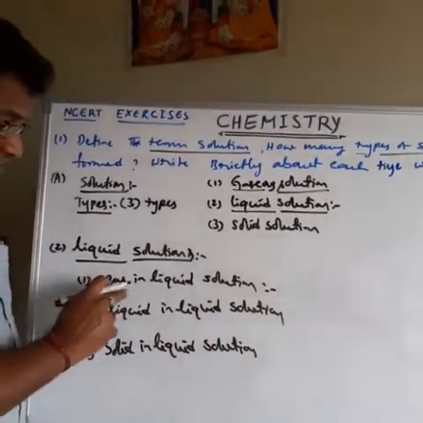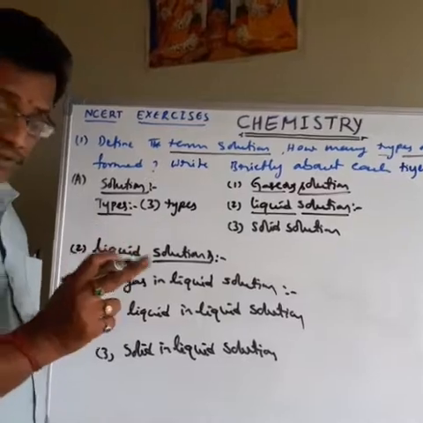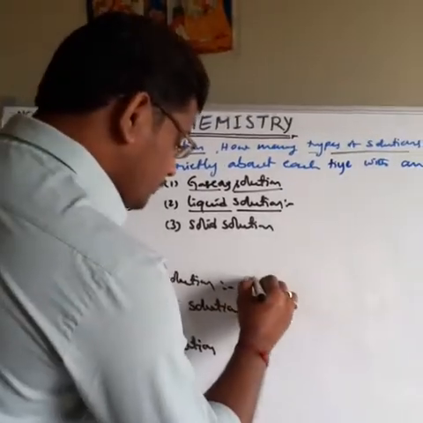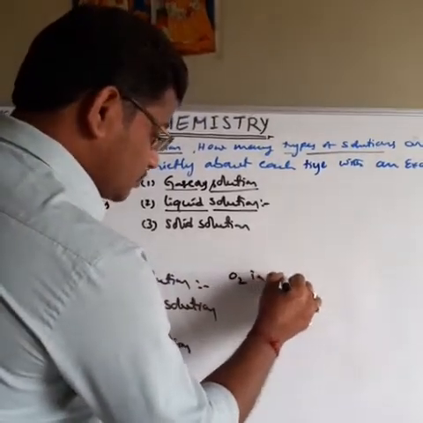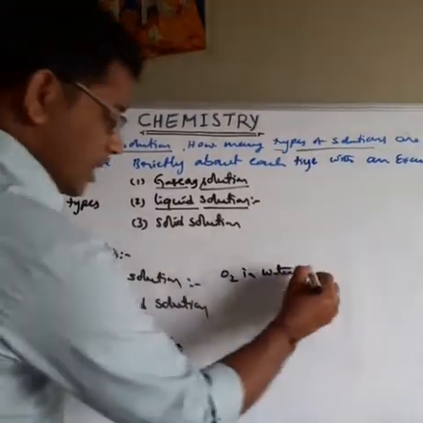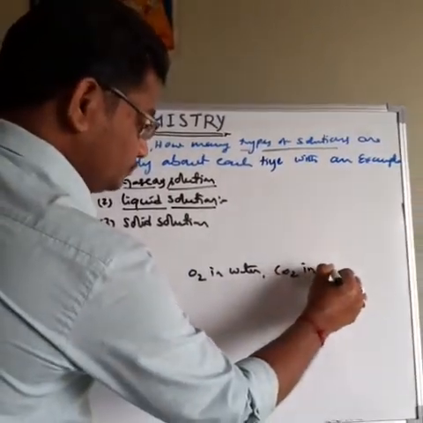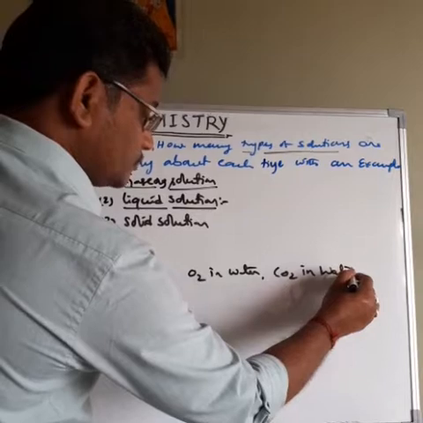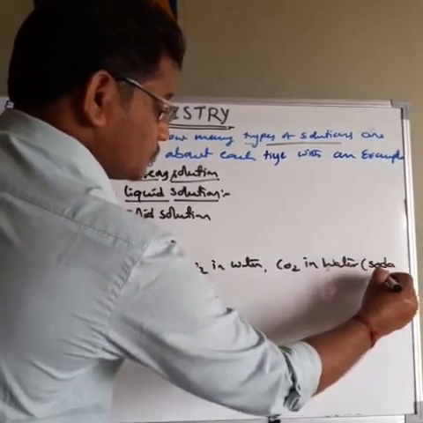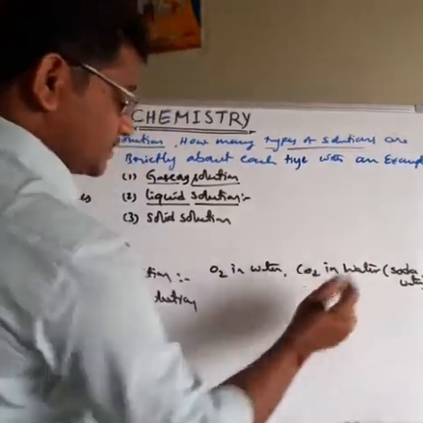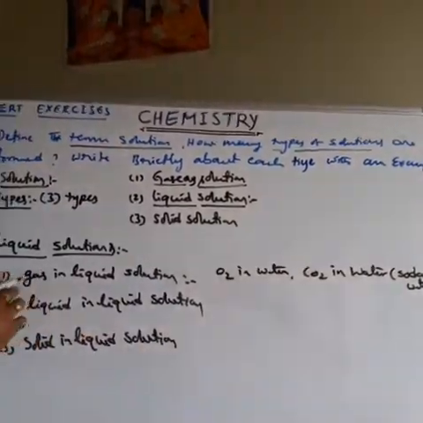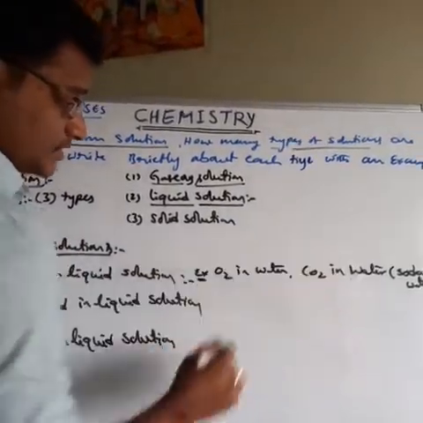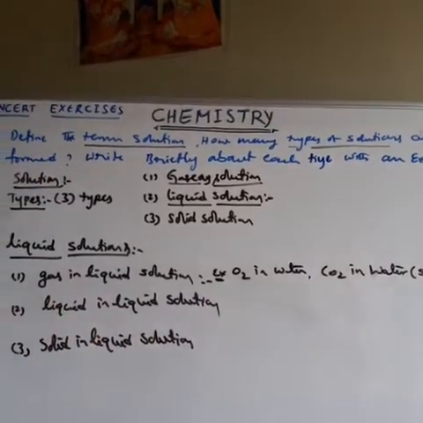In gas in liquid, gas is the solute and liquid is the solvent. Examples are oxygen in water or carbon dioxide dissolved in water, such as soda water. Soda water is the example for carbon dioxide in water.